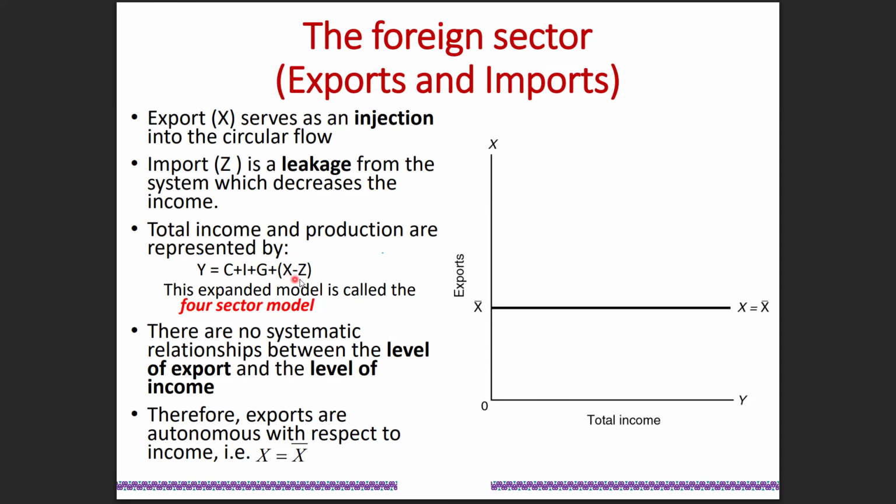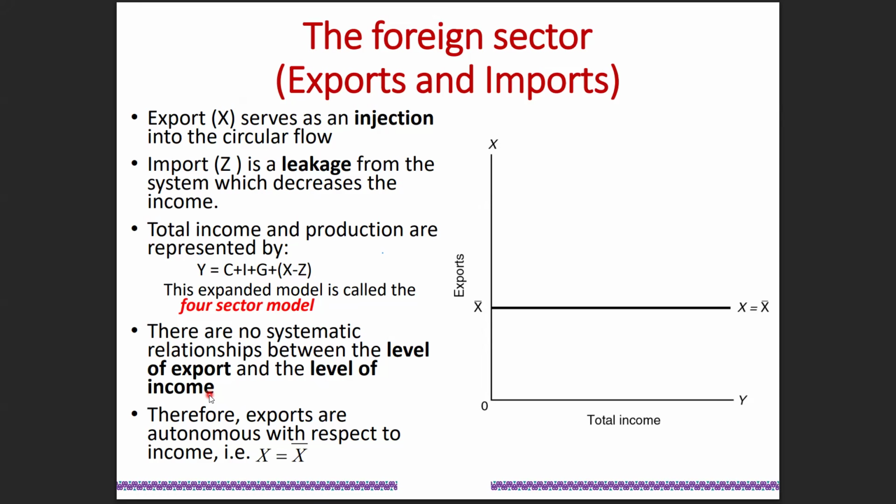We subtract imports because they are a leakage, money leaving the circular flow and being spent outside. There is no systematic relationship between the level of exports and the level of income. So exports do not have a relationship with income. Exports are therefore independent of the level of income.